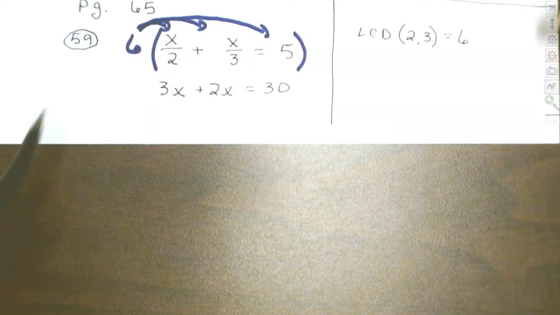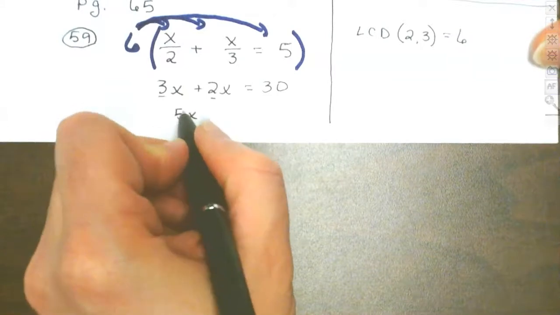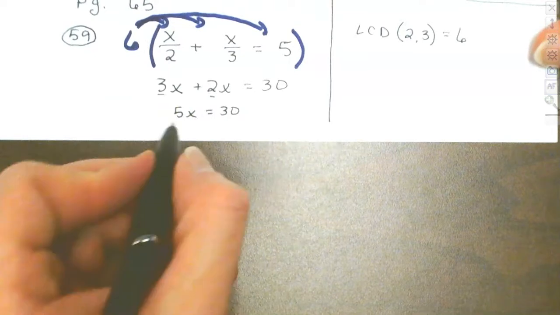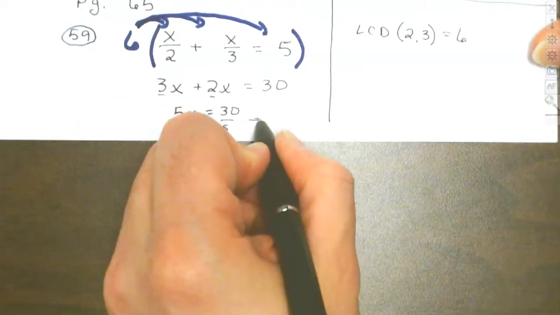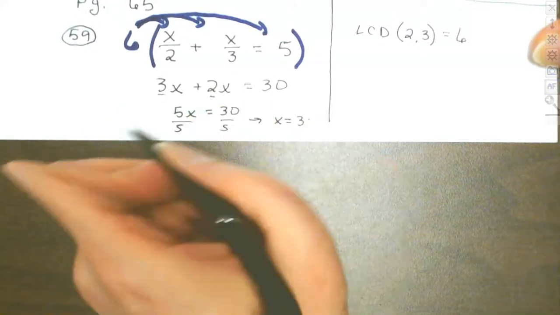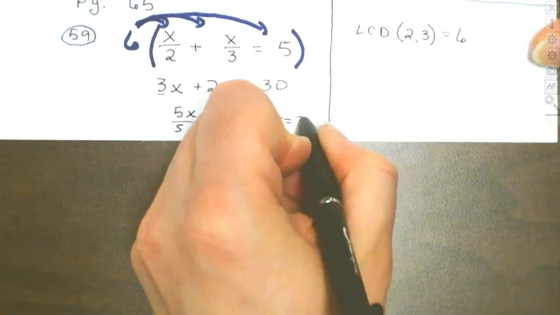Now these can go together as a 5x equals 30. And how do we finish it? Divide by 5 and reduce. So what is our answer? x equals 6, doesn't it?